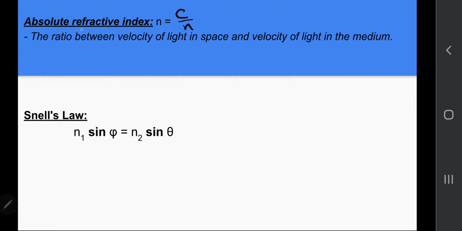So the absolute refractive index is the ratio between the speed of light in space, which is constant and equals 3 times 10 to the power 8, and the velocity of light in the medium. When we calculate the speed of light in space divided by the speed of light in the medium, the number we get is the absolute refractive index for this medium.